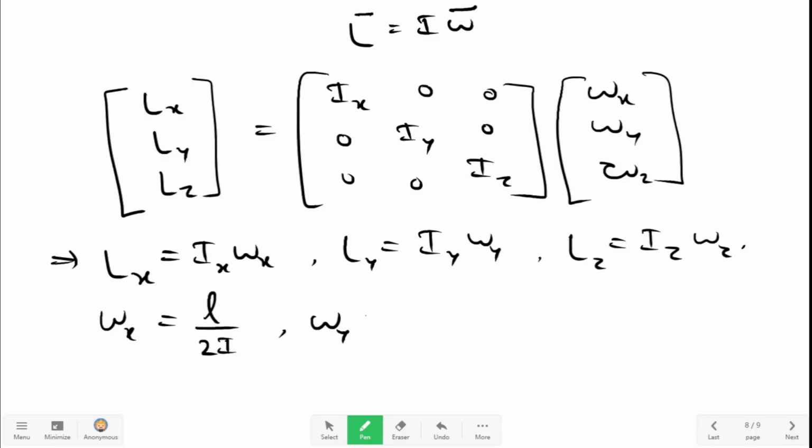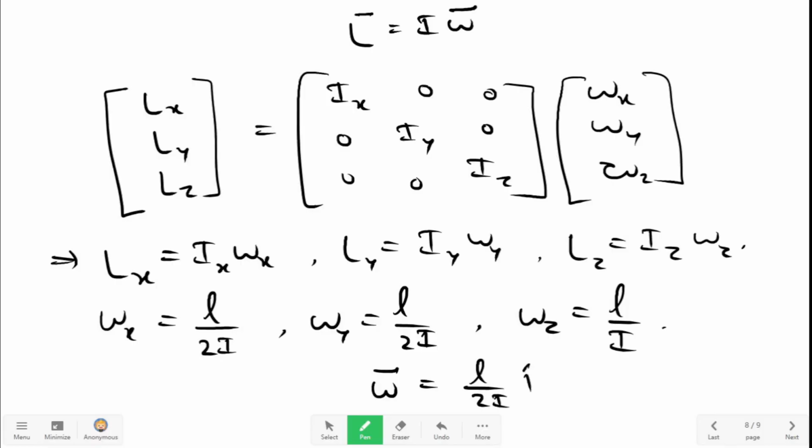Omega y is equal to Ly divided by Iy, which is L divided by 2I. And omega z is equal to Lz divided by Iz, which is L divided by I. Therefore the angular velocity vector is equal to L divided by 2I i cap plus L divided by 2I j cap plus L divided by I k cap.